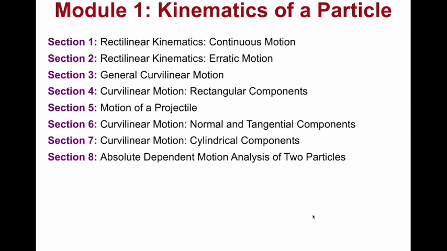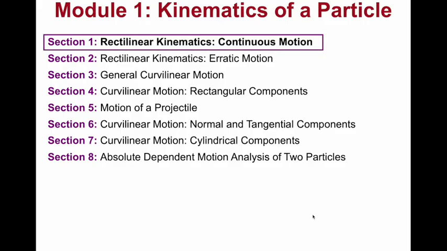Then we're going to talk about two other coordinate systems, the normal and tangential coordinate system, and then the cylindrical components. In part 1, we are going to cover section 1 and section 2, so rectilinear kinematics, starting with section number 1, the continuous motion.